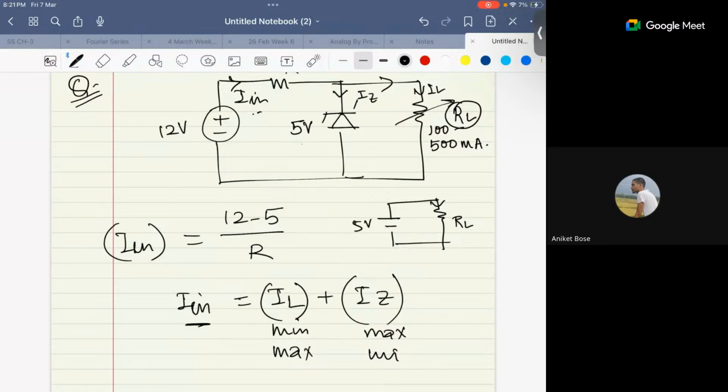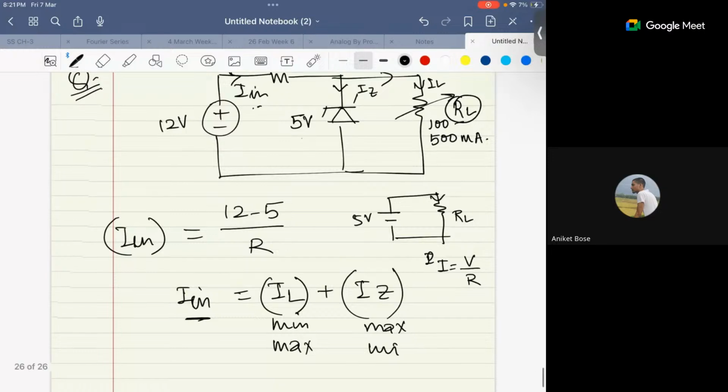Correct. So I is equal to what? V by R. IL will be minimum when RL is maximum, right? So RL is equal to V by IL. When IL is minimum, RL will be maximum. So RL max is what?